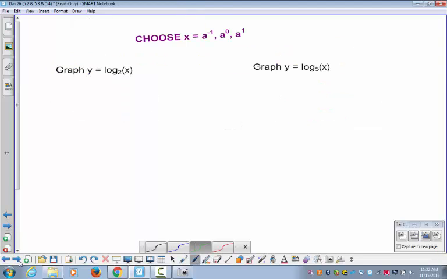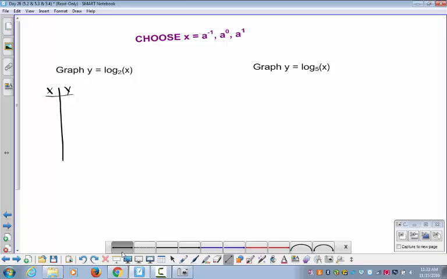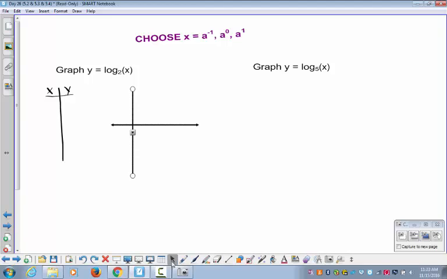All right. So let's get the graphing of these down, and here's where we're going to really see that logs are, in fact, inverses of exponentials. We'll graph these. And we're going to do something really similar to what we did with the exponentials.